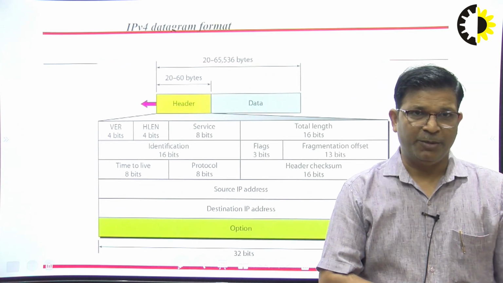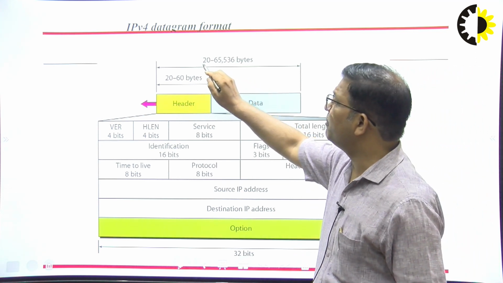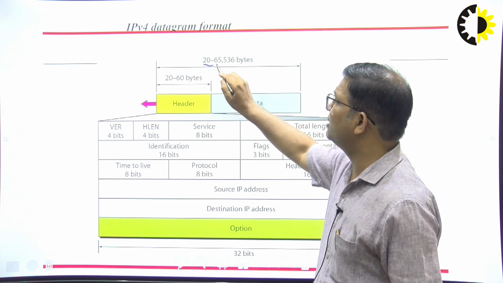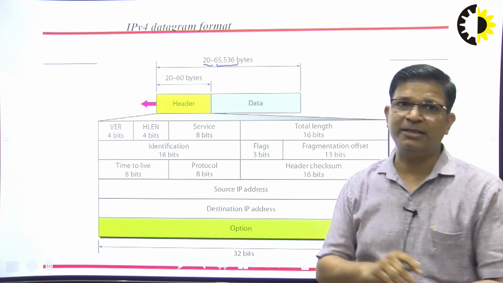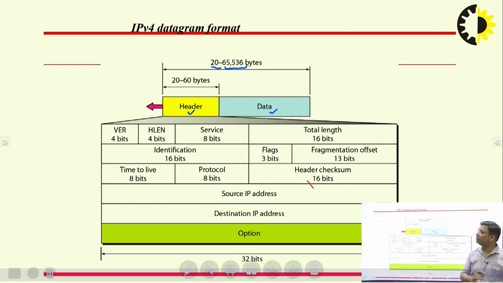IPv4 datagram format. The total size is a minimum of 20 bytes and a maximum of 65,536 bytes. Out of this, 20 to 60 bytes, minimum 20 and maximum 60 bytes, are kept for the header and the rest is for data. So how much data can we send with IPv4?